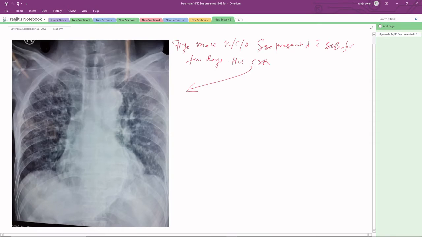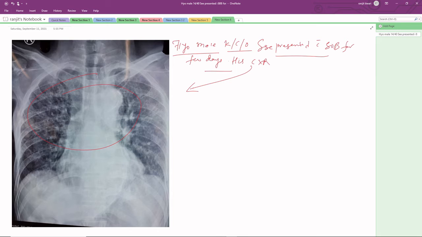And now I am going to show you one picture, a chest X-ray. This is a chest X-ray from a real patient, a 71-year-old male, a known case of systemic sclerosis, who presented with shortness of breath for a few days. You can see some form of interstitial lung disease, and if we do HRCT chest, we can definitely see whether it is an NSIP pattern or UIP pattern and delineate from there.